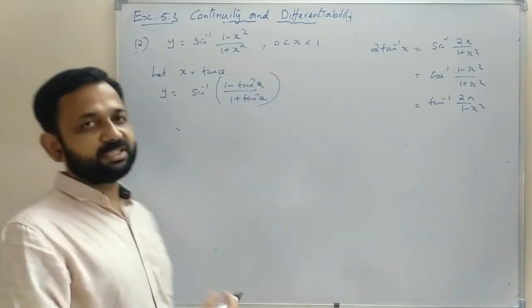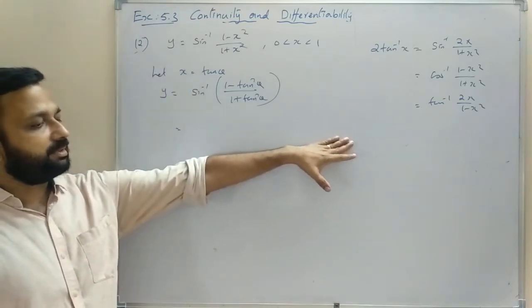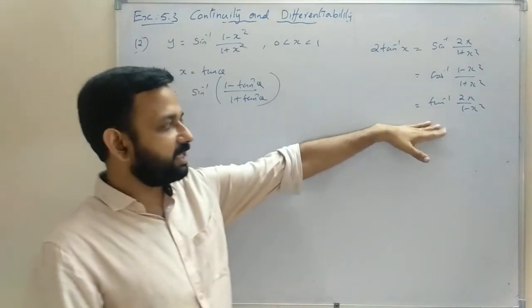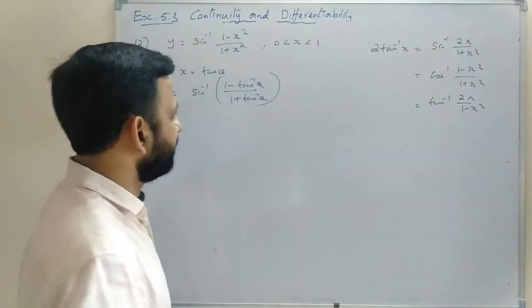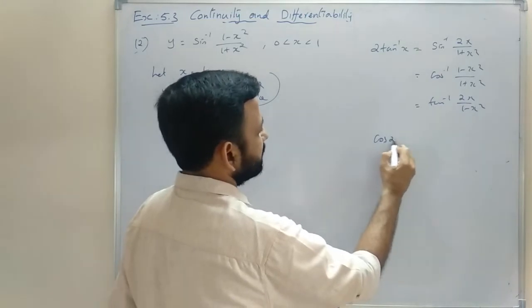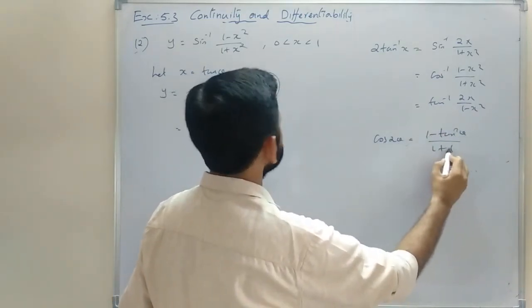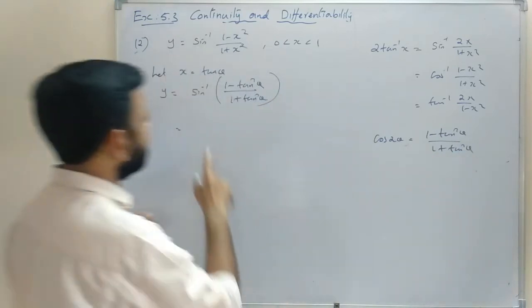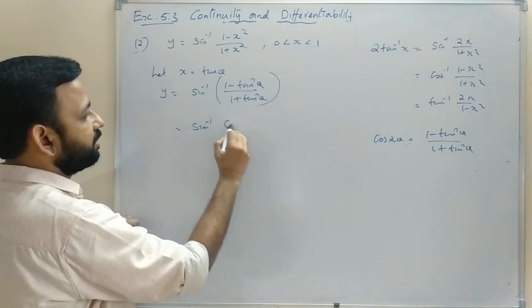Then in 11th standard we learned the identity: cos 2 theta is 2 cos square theta minus 1, or 1 minus 2 sin square theta, or (1 minus tan square theta) divided by (1 plus tan square theta). So cos 2 theta is equal to (1 minus tan square theta) divided by (1 plus tan square theta). We can replace this by sin inverse cos 2 theta.